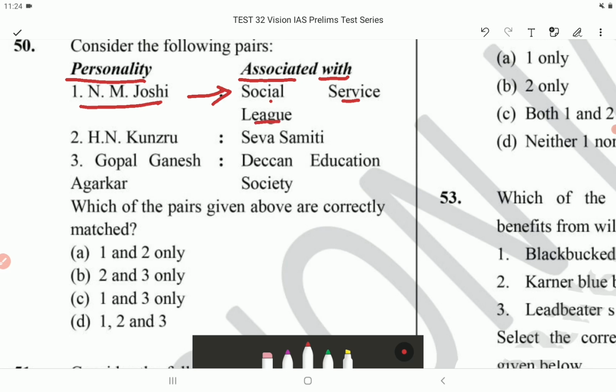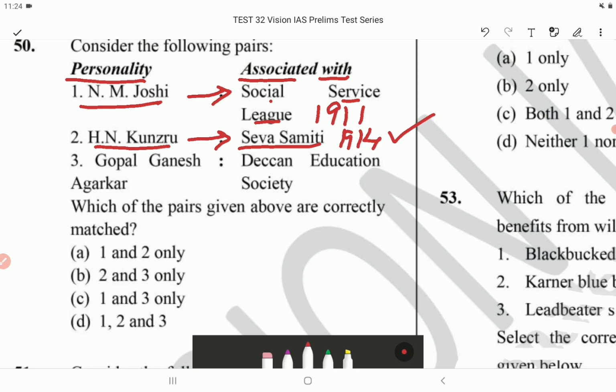So N.M. Joshi, he founded the Social Service League in the year 1911. Number 2, we have H.N. Kunzru, and it's paired with Seva Samiti, and it was founded in the year 1914. This pair is also correct.